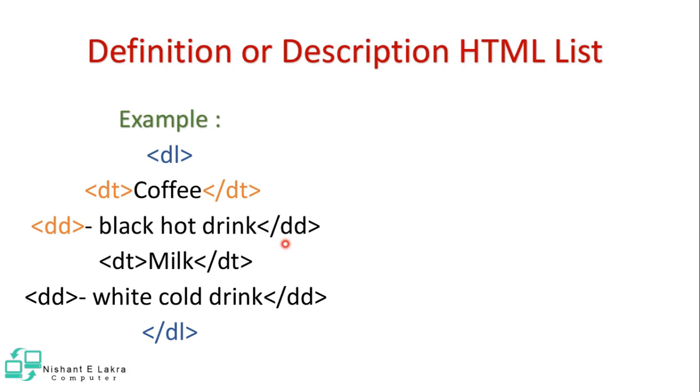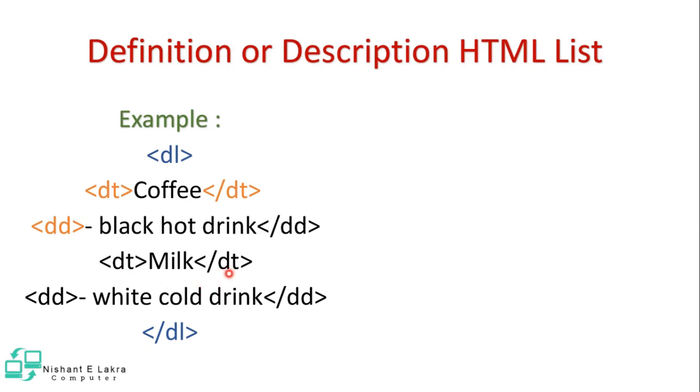So this was the first term, the first name, coffee. We also have a second name here. The second name should also start with the DT tag, because the DT tag is the name itself. So what is the name here? Milk. Like I said, the DT tag also has a closing tag, slash DT.